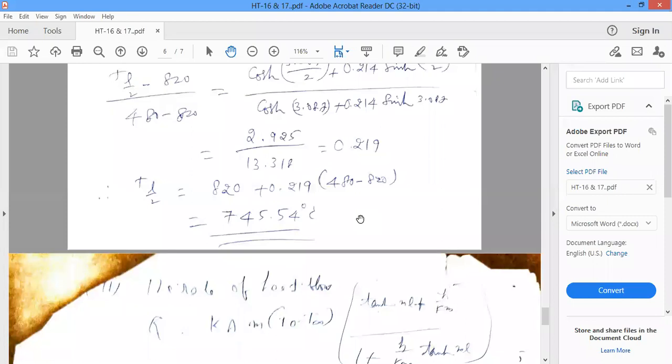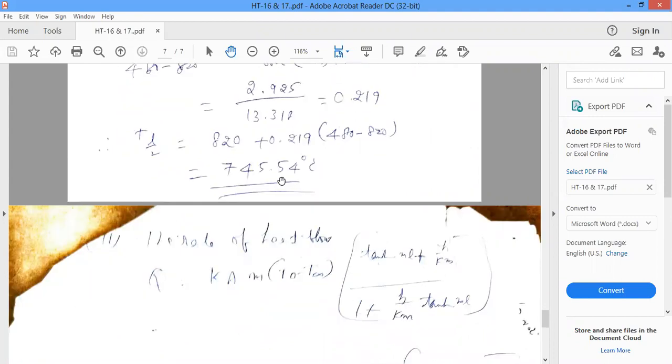So at the base it is 480, increasing from 480 to 500, 500 to 600, 600 to 745, again 745 to 750, 760, 780, like that. Finally, at the tip or the outside, the gaseous temperature is 820. So the temperature at the middle of the fin is 745.54 degrees centigrade. Okay?